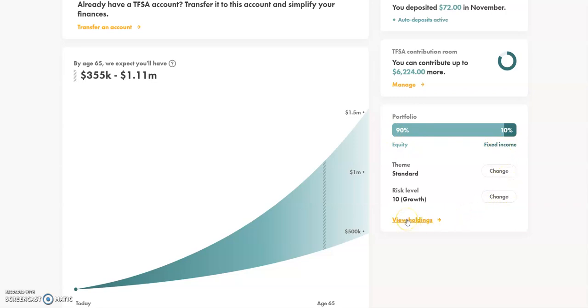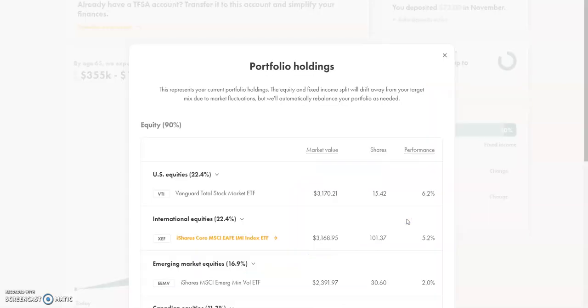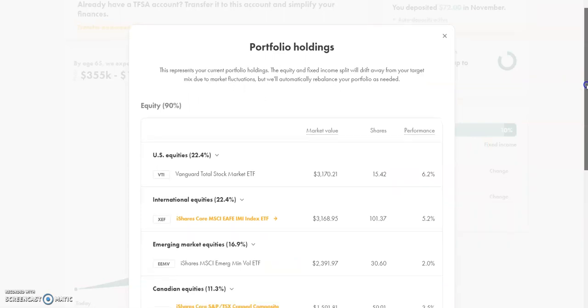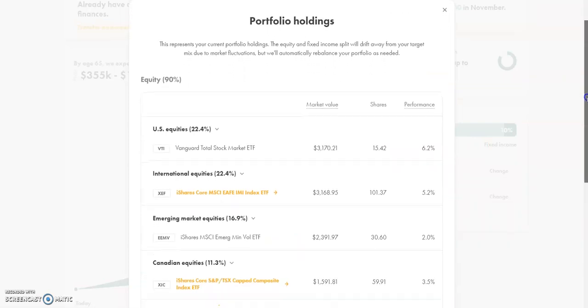That being said, based on my risk tolerance level, Wealthsimple has handpicked, based on their extended level of advice and Wealthsimple's investment strategies, a good number of exchange traded funds, which I'm going to show you on the screen in a moment.